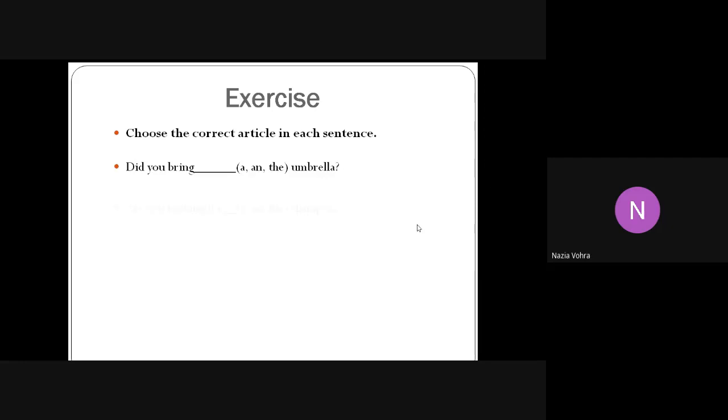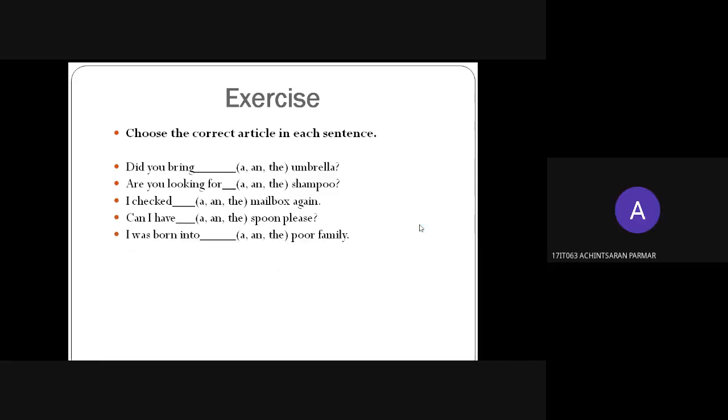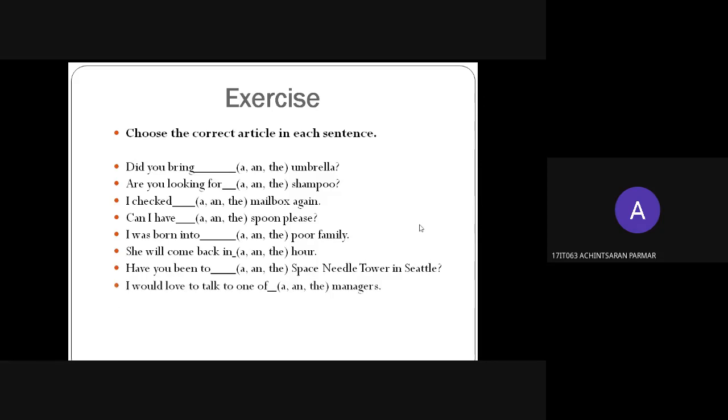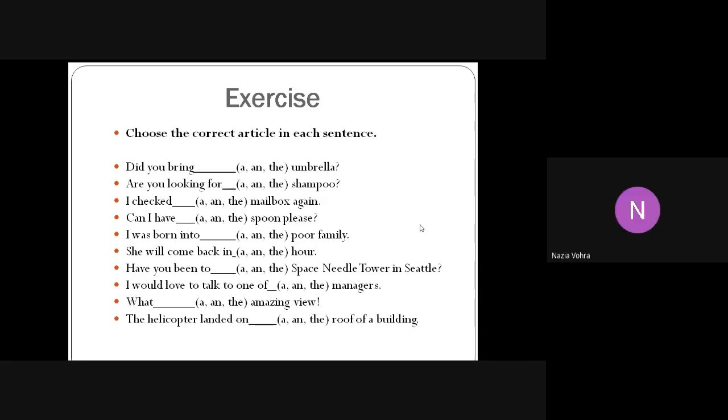Sorry. I have 10 blanks and everyone will do the blanks. I'll give you like 5 minutes.